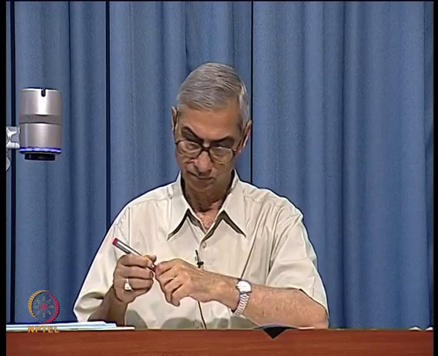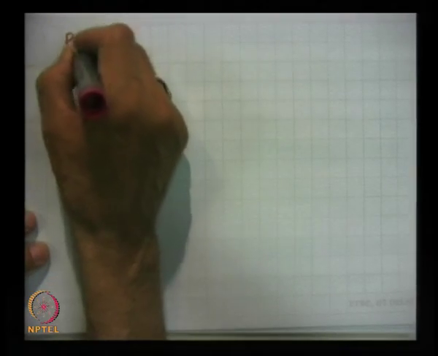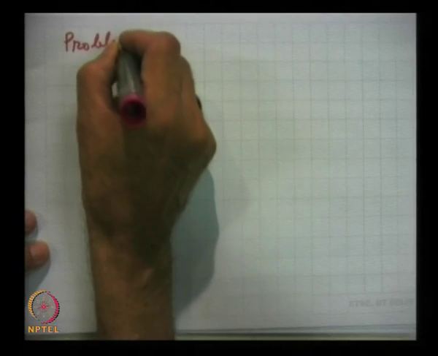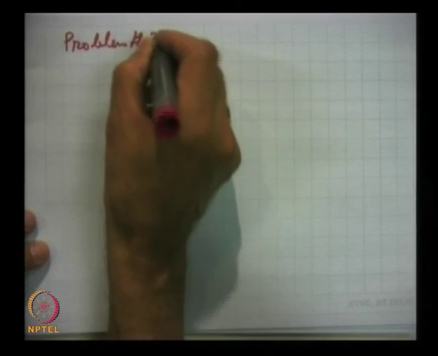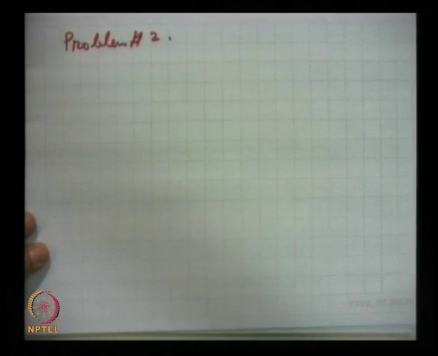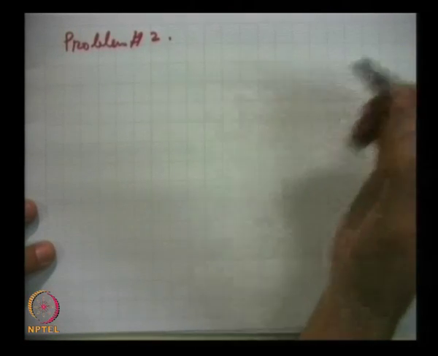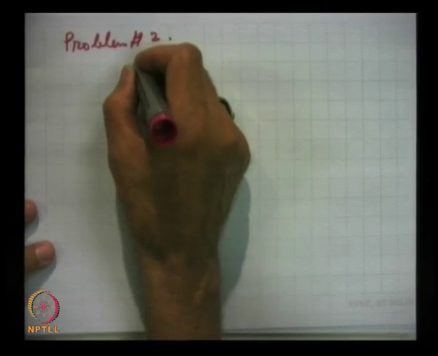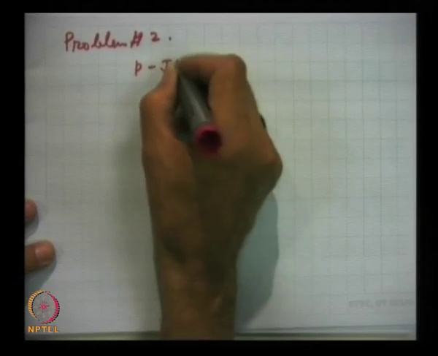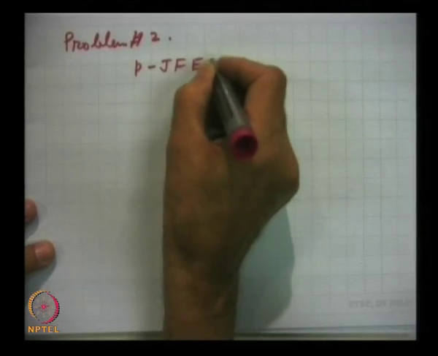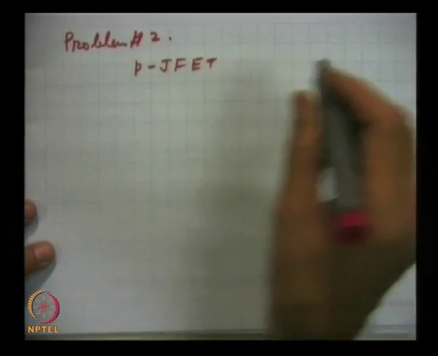Let us take another problem. This is problem 2. There is a circuit which makes use of a P JFET, and the circuit is this.